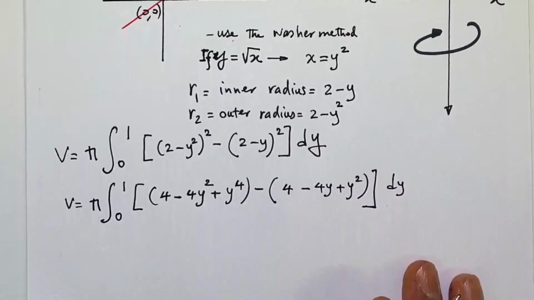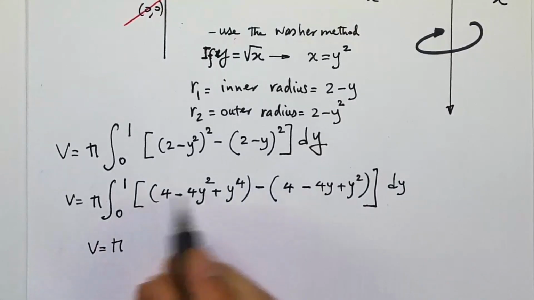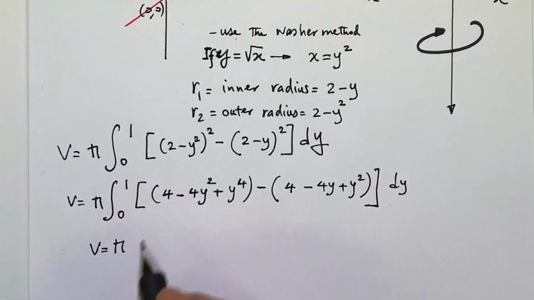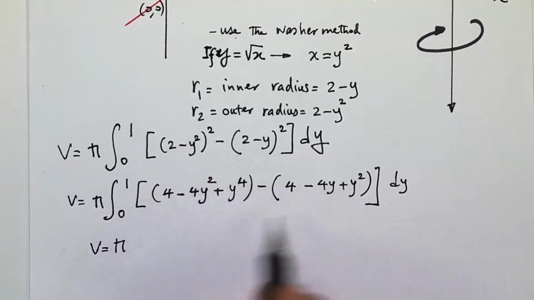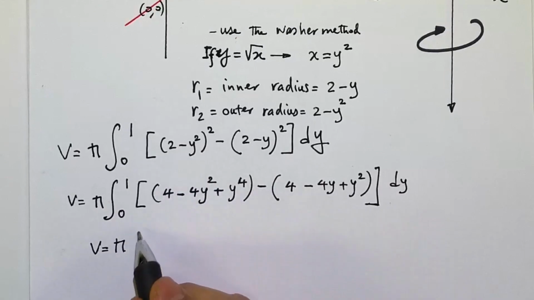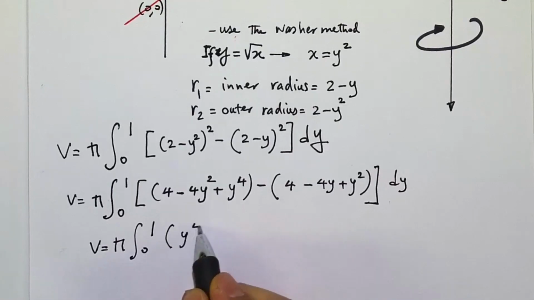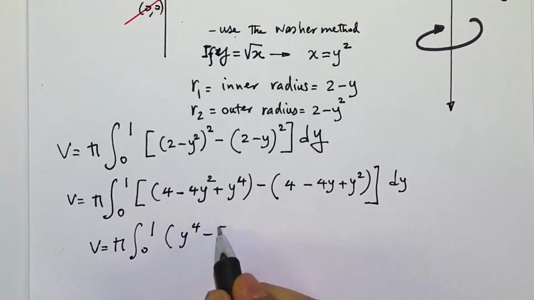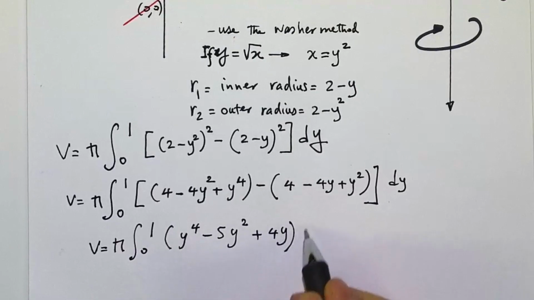Okay. And I've double checked these, so hopefully there's no error here. Then distribute the minus, combine the like terms, and we should agree that this is the integral from 0 to 1 of y to the 4th power minus 5y squared plus 4y, dy.